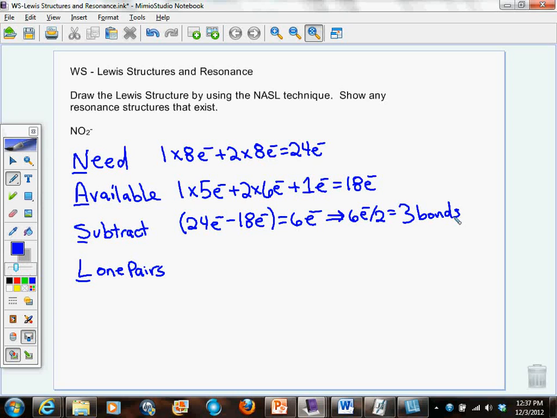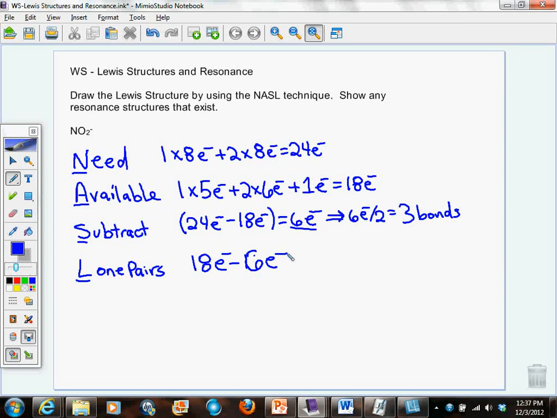We have 18 electrons available, but 6 of those electrons, from up here, 6 of those electrons, oops, let me write 6, are actually being used in bonds.